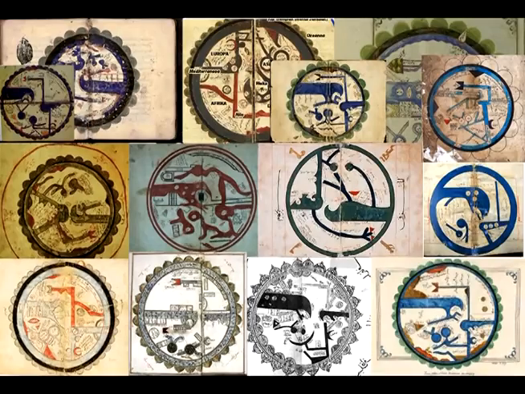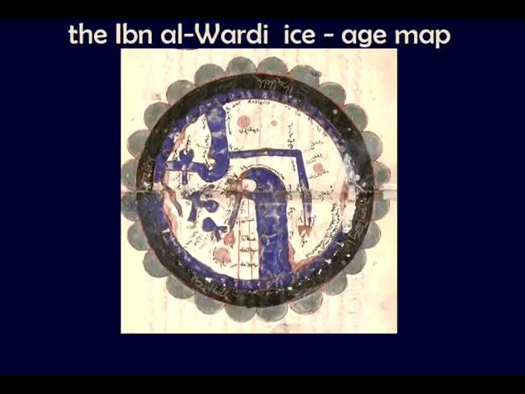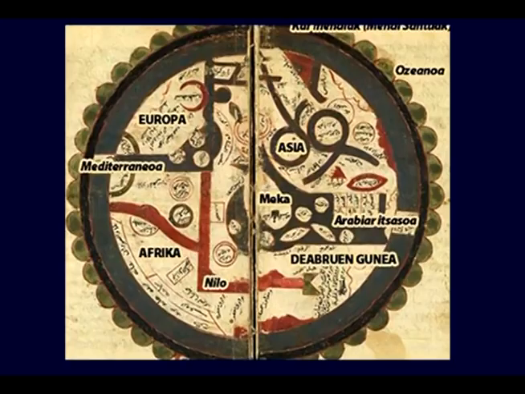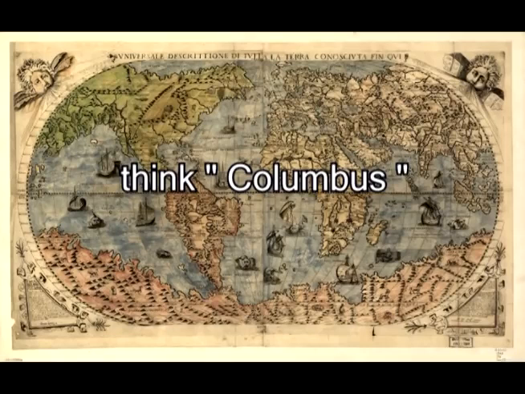There are different versions of it, probably all copies of the original one, but by accident I ended up with this one. Luckily, through the ages, people tried to explain this map and they put some names on it. Wrong. That's because they think Columbus.